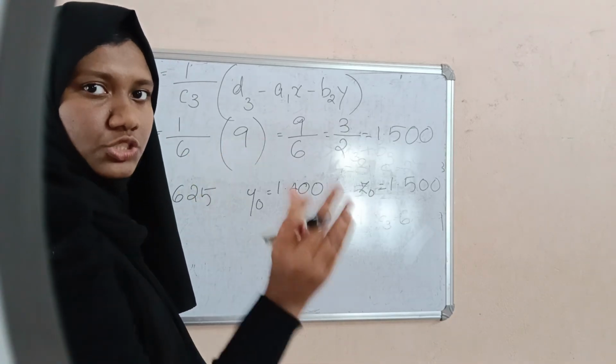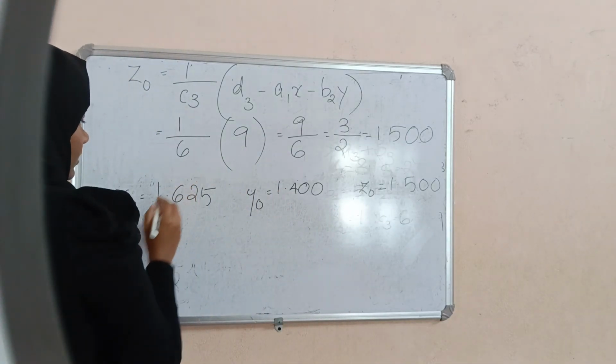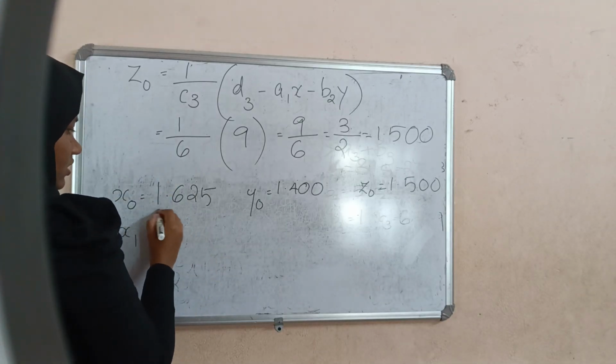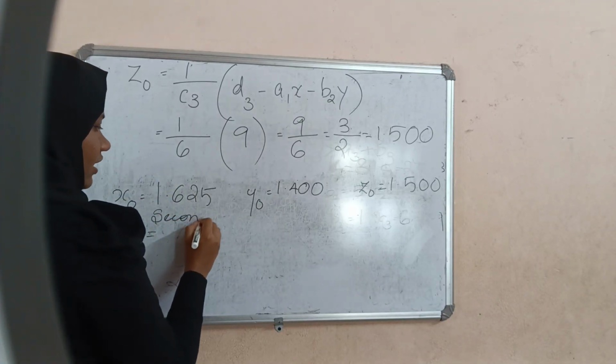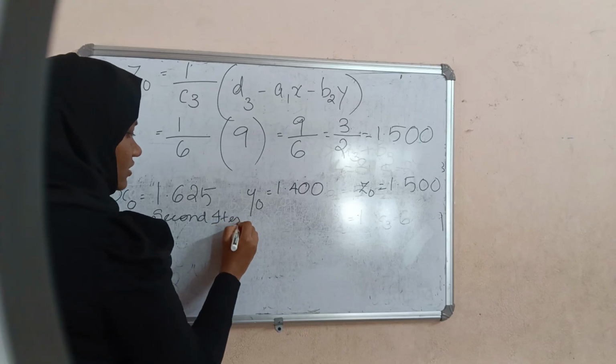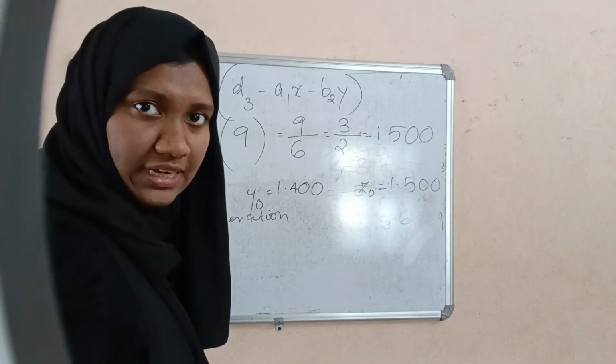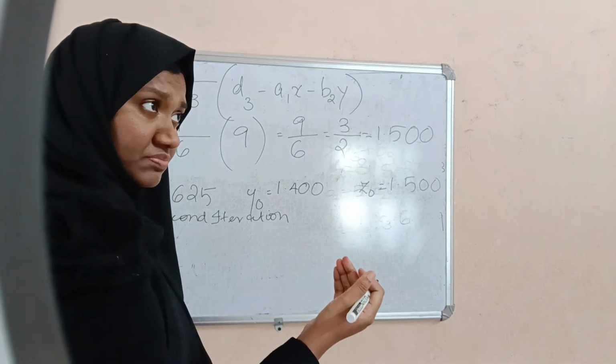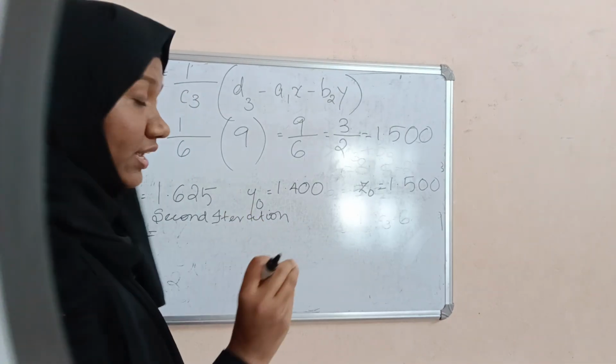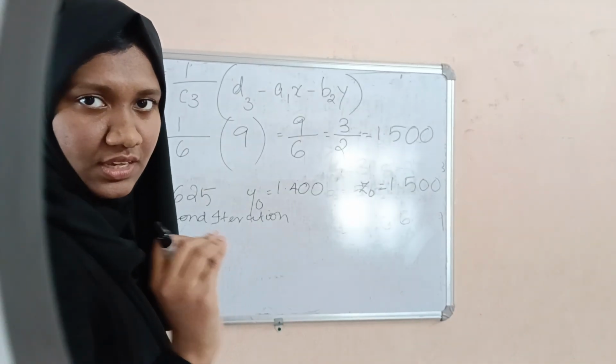Only from the second iteration onwards will we use the values. But for Gauss-Seidel, we would be using the previous value.